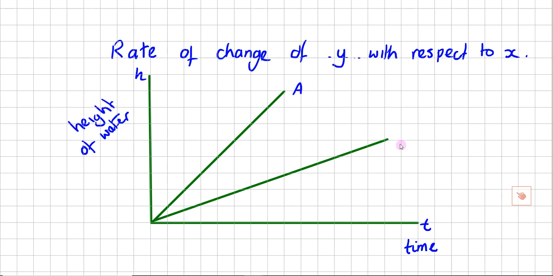This is tap A, this is tap B, and they have been turned on. So there is water coming out of the taps, and they're two separate taps with two separate containers. Imagine they're like a regular shaped rectangular tank underneath your house, filling up with water.